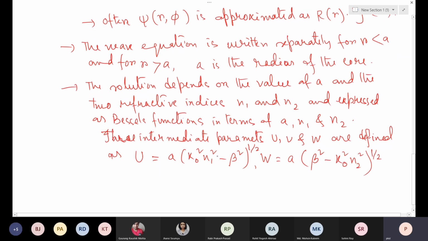As you can see, these have been defined where k0 is the propagation constant and beta is the longitudinal propagation constant.